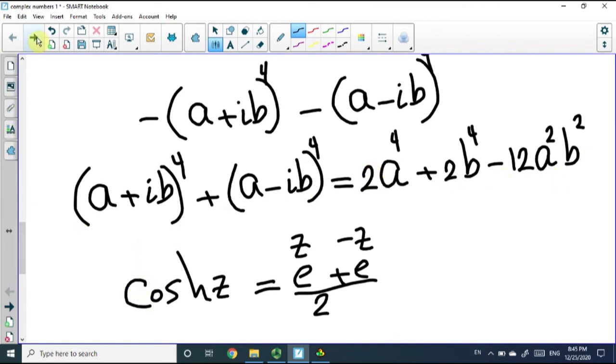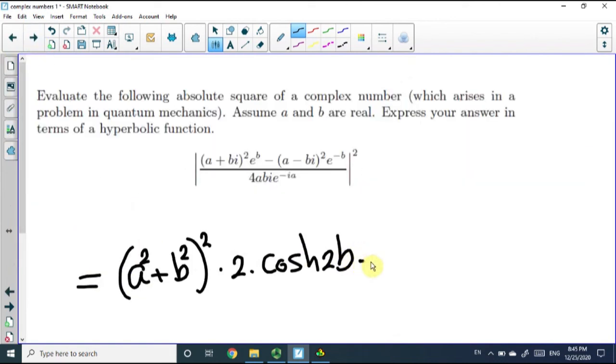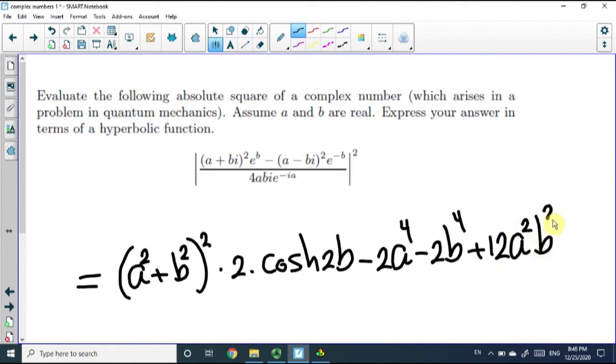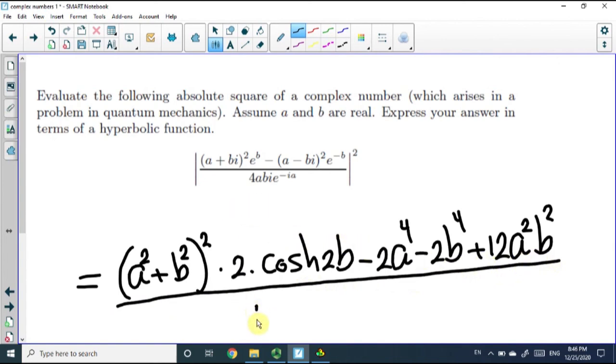So the answer will be minus 2a to the power 4 minus 2b to the power 4 plus 12a squared b squared. So that's the numerator divided by the denominator, which we already proved and can easily be done to prove that the answer is 4ab squared. This is the final answer.